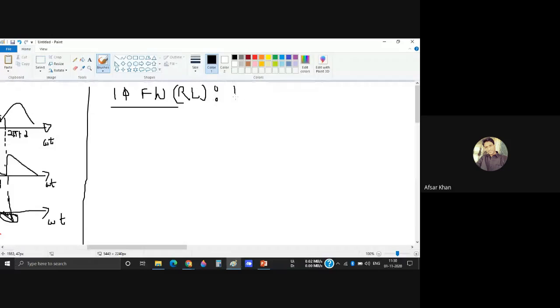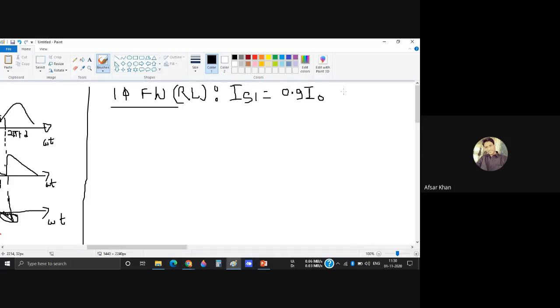Single phase full wave rectifier with RL load. We have some formulas. The fundamental component IS1 is nothing but 0.9 into I naught. If you remember, we have solved such waveforms and we got this Fourier expression. Through the Fourier expression, we got the value 0.9 VDC.